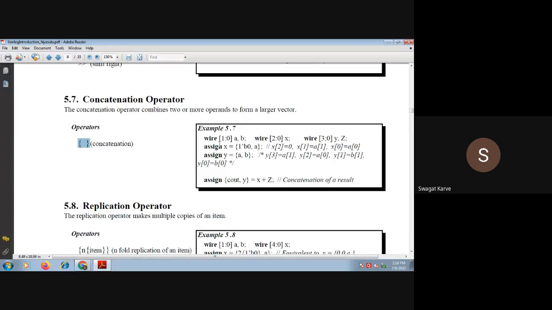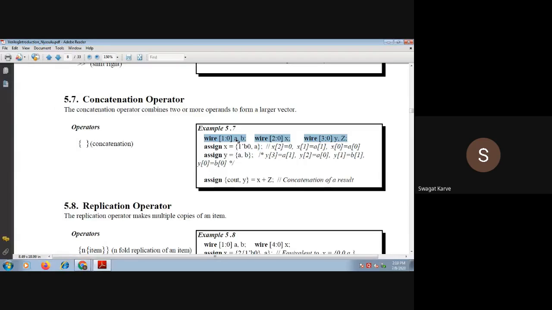For example, you can see here, assign x is equal to curly bracket 1 bit of 0 and a. That is written in curly brackets, so this is a concatenation operator. And what will be the result of it? x2 is equal to 0, x1 is equal to a1, and x0 is equal to a0.